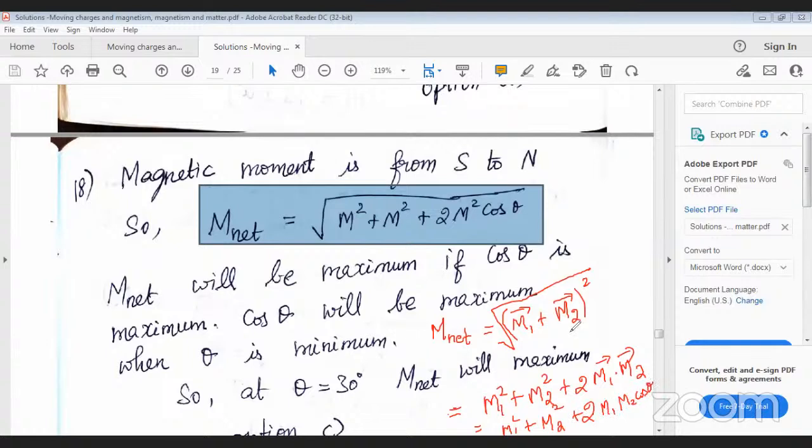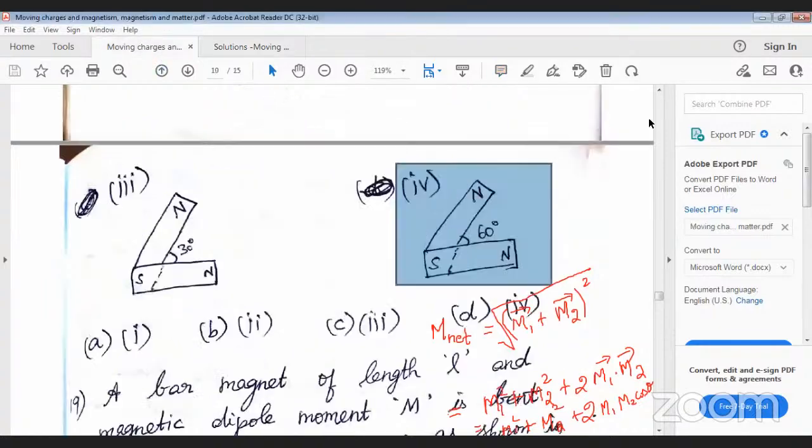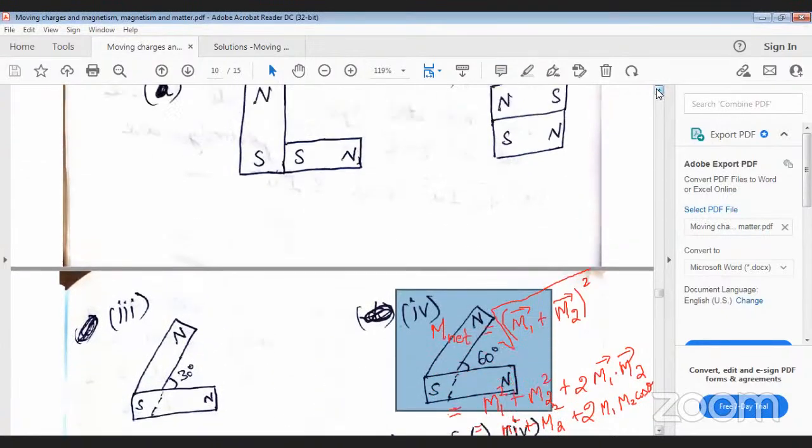This is the general expression, and instead of m1 and m2 we are just taking it as m and m. Why am I taking it as m and m? Because in the question they haven't mentioned that the bar magnets are of different magnetic moments, which means we can consider that both have the same magnetic moment, capital M.